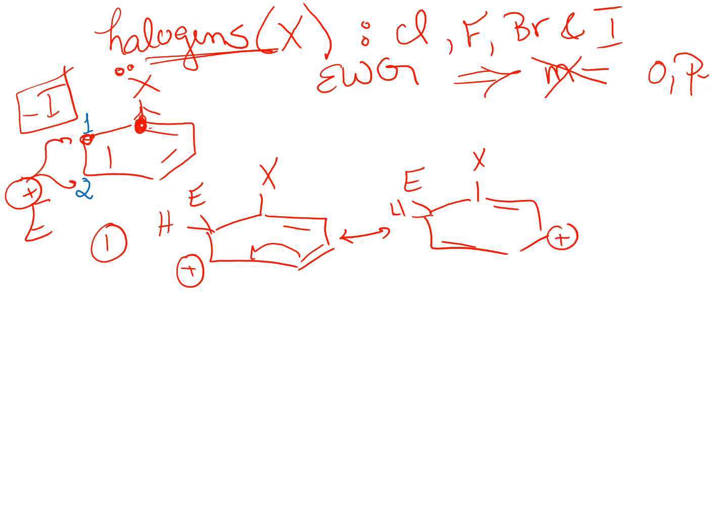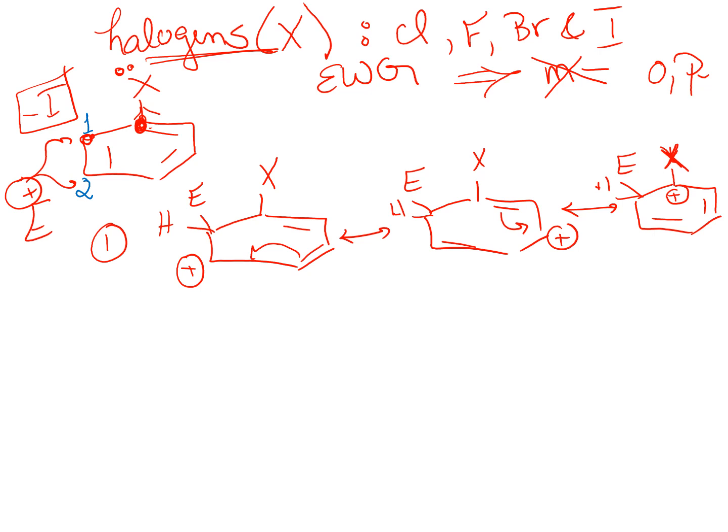And now you have the positive charge here, and then another resonance. And now you have the positive charge directly on the carbon directly attached to the halogen. So this is a very preferable position.